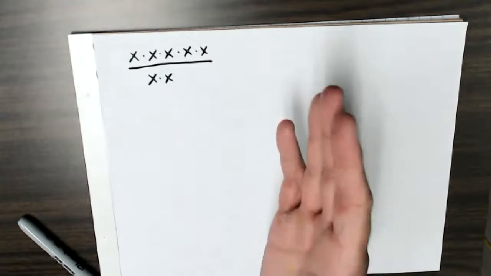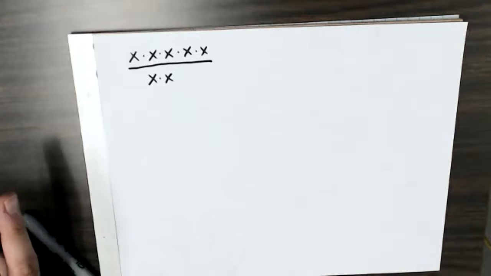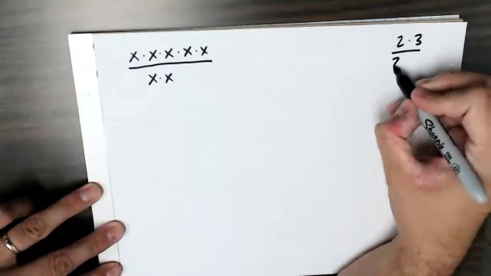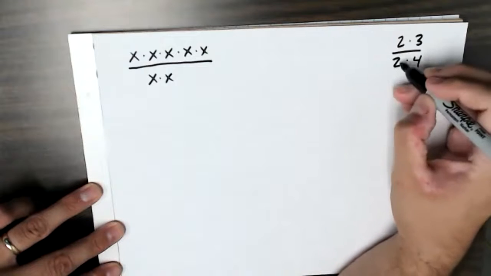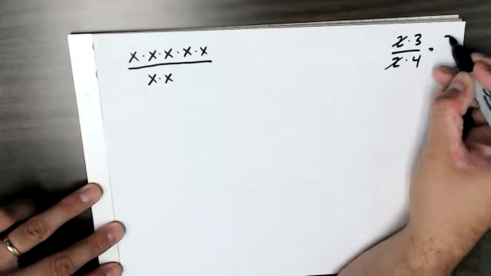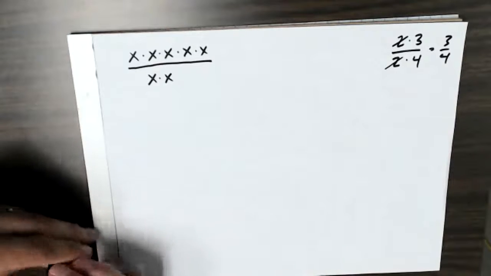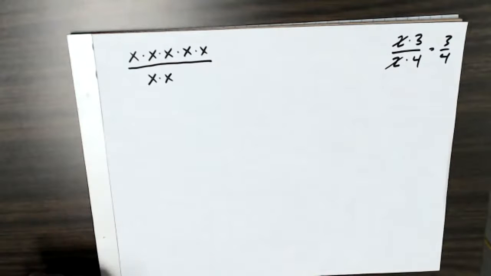But we know with fractions, if we have common factors, we can cancel them, right? For instance, I'll do a side note over here. If we had 2 times 3 over 2 times 4, these would cancel, and it would leave me with 3/4, right? That's probably called something like common factor elimination or something. I don't know what it's called.